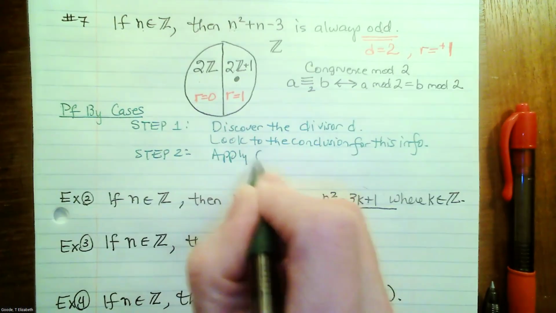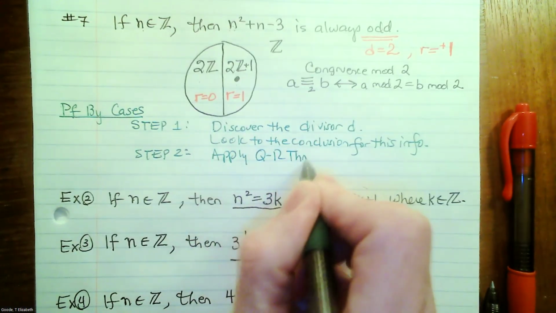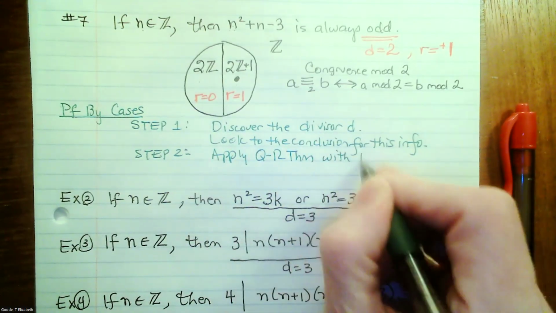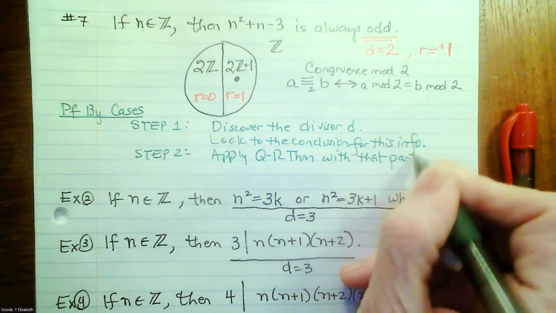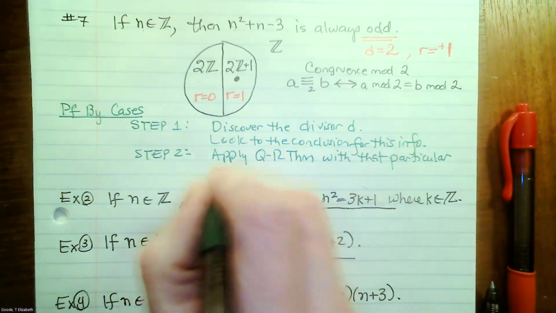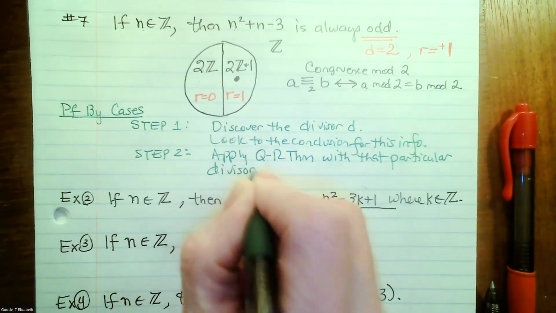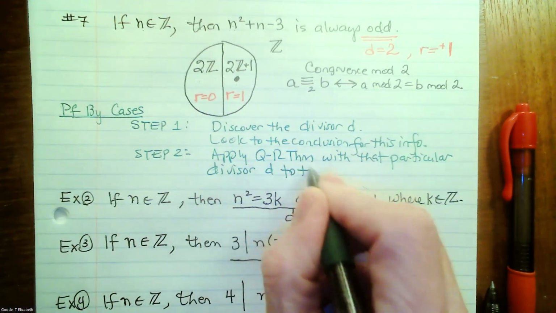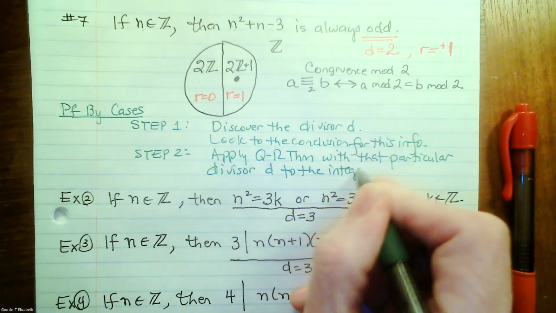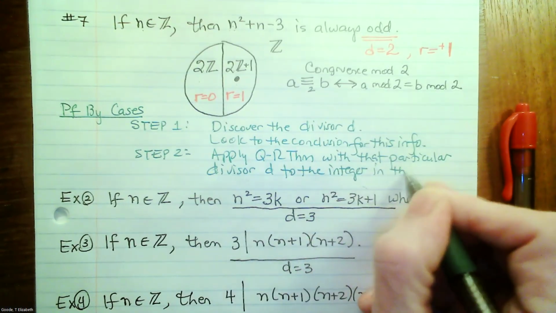apply the QR theorem with that particular divisor D to the integer in the hypothesis.